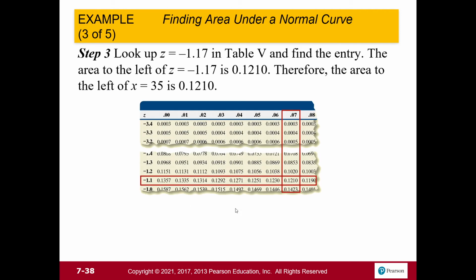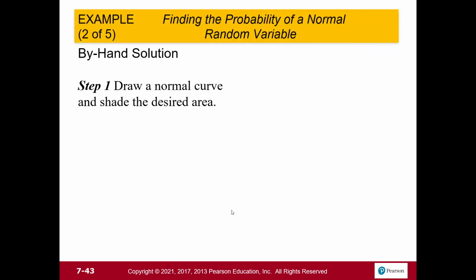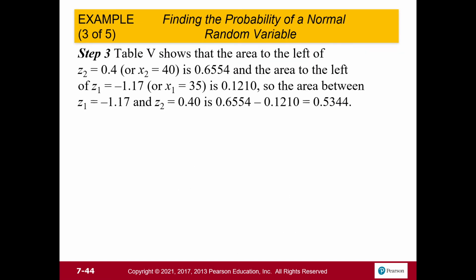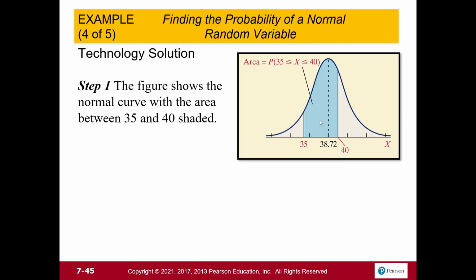That was really easy to do. That is the method that we do. That's how we do it. And there it is too. They got 0.5344. Well, we got 0.5365, and our answer is more precise. They got it using a table.